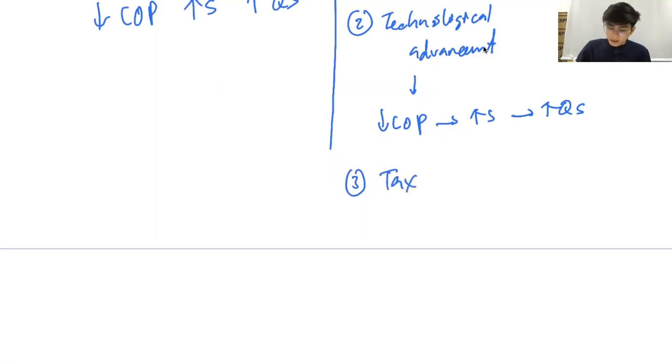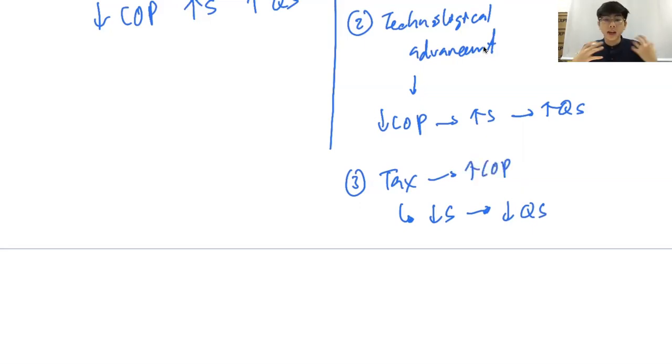Okay, and also maybe the third one you guys also can consider is tax. Higher tax will basically reduce your supply because you need to pay more tax to the government, and so you don't feel like producing more, and therefore lower quantity supplied. Not only that, tax will also increase the cost of production. Depends on what kind of tax, but most of the time, increased tax will increase the cost of production. Why? Because when you increase tax, the other companies also get affected.